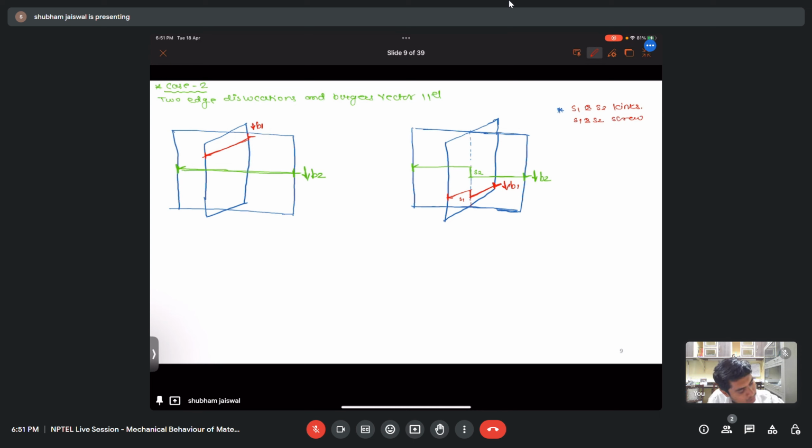So this is the case 2 where the two edge dislocations with parallel Burgers vectors intersect.